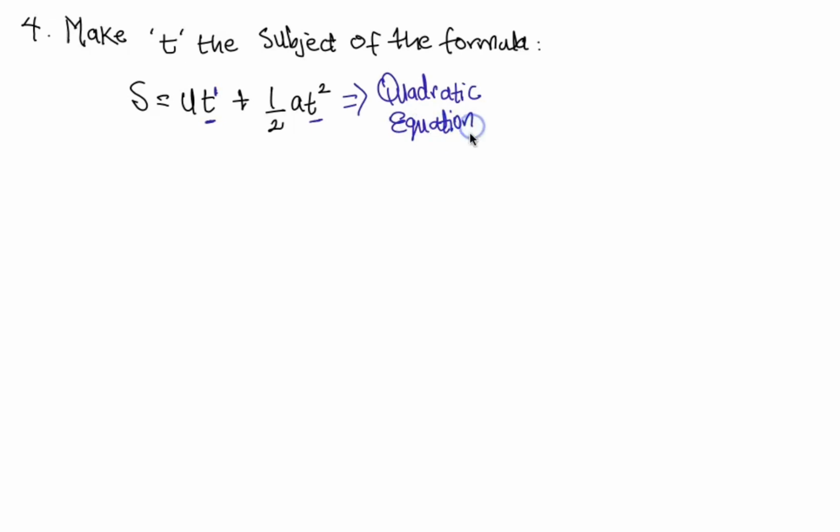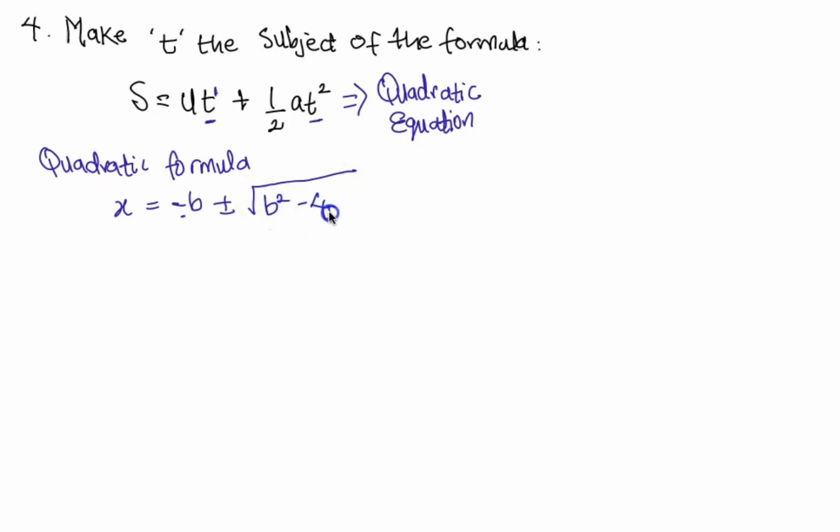And how can we do that? We are going to apply the quadratic formula. So the quadratic formula is x is equal to minus b plus or minus root b square minus 4ac all over 2a.